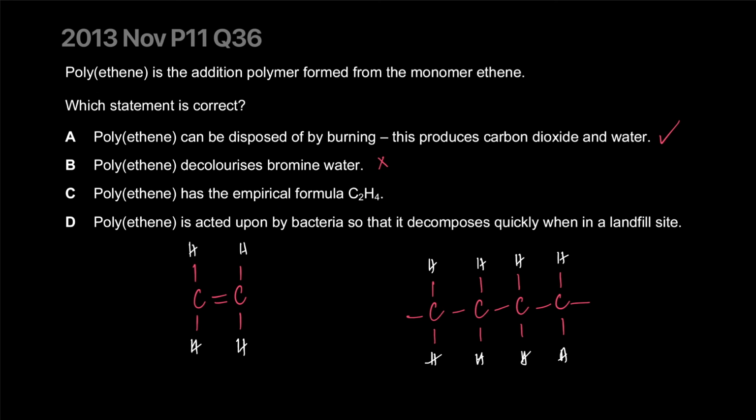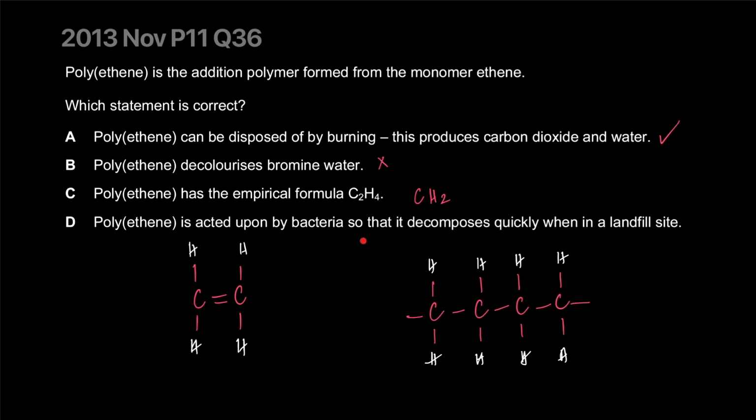Empirical formula is the simplest ratio. So the empirical formula can only be CH2, not C2H4, because it's the simplest ratio, right? So what's the simpler ratio of C2H4? CH2. You just need to know what an empirical formula is.